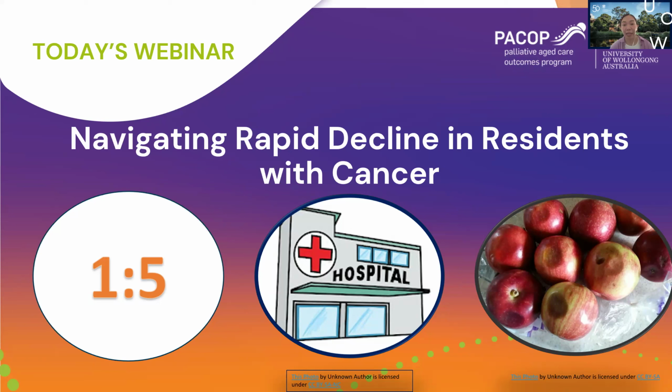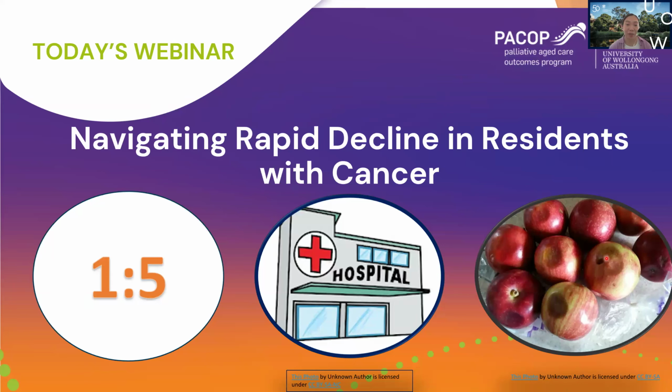Cancer is also the leading cause of palliative hospitalizations among older Australians, often resulting in high readmission rates, which is quite surprising and could be because of the complexities that come along with cancer. Over 90% of people dying in an aged care facility could potentially benefit from a palliative care approach as early as possible.